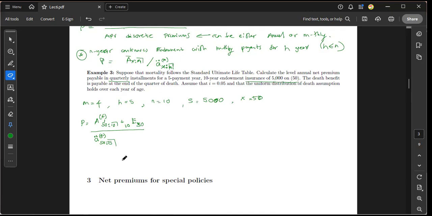So this is the ratio we want. So we can find this from the table quickly.